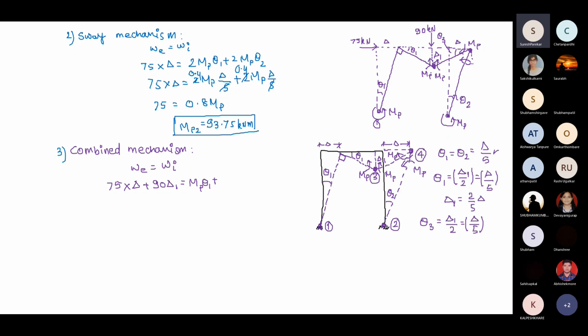At B there is nothing. Under the 90 load we have MP θ1 plus MP θ3. Now at C, this one is MP θ3 and this is MP θ2. And then again we have this as MP θ2.